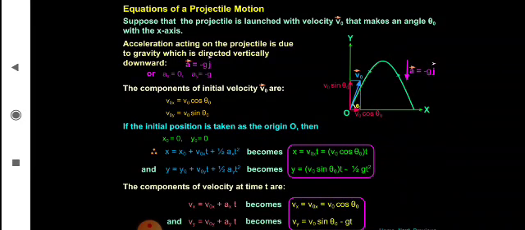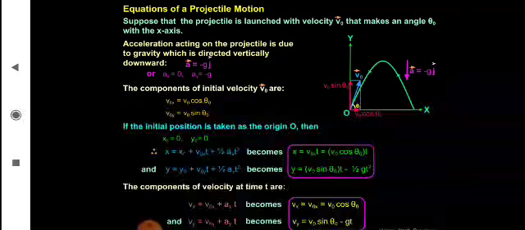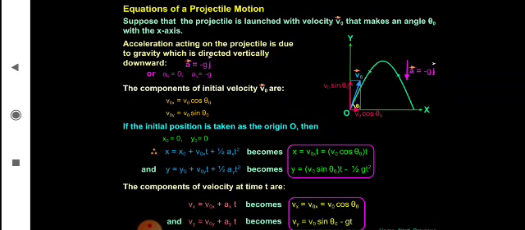The acceleration acting on the projectile is due to gravity, which is directed vertically downward. That acceleration we are going to consider as minus j cap.